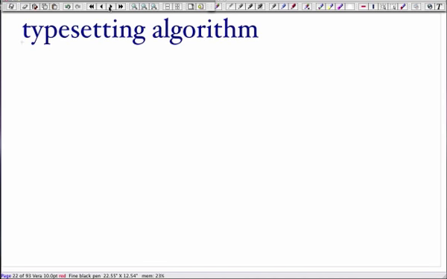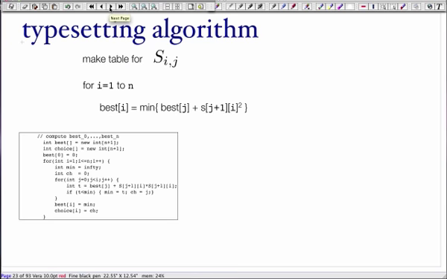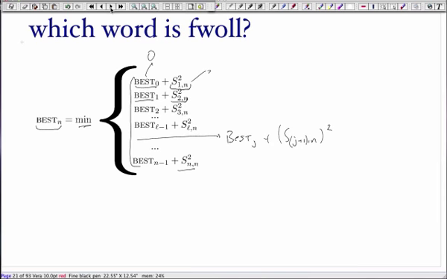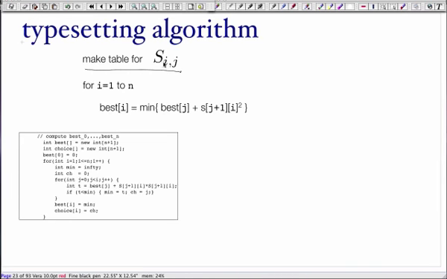So this is going to suggest an immediate algorithm. Once we have this equation right here, all we have to do is make a table for these slack variables and then run through a loop like this. For i's 1 to n, best of i is just going to be the min, as j goes from 1 to i, of typesetting the first j words and then considering the slack that was induced by starting the last line at j plus 1.